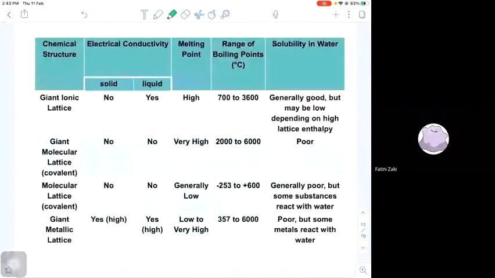Then I want you to refer to your textbook, page 505. It is a comparison between the characteristics of all types of crystalline solids. This is Table 12.5. If we look at the table, it is almost the same as what I have here.